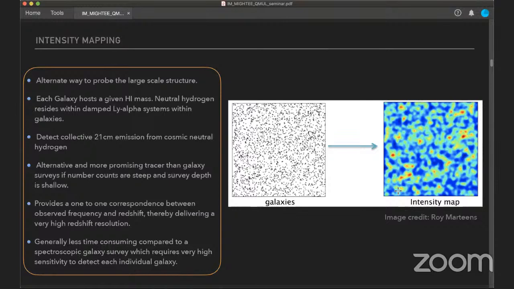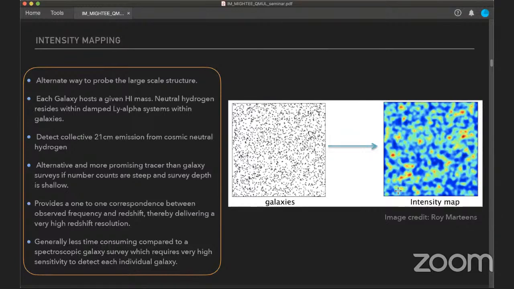So we can get very high redshift resolution from the frequency information, because the rest frame wavelength of the neutral hydrogen emission is 21 centimeters. But as we go to higher redshift, we see this line at lower and lower frequency. So each channel corresponds to a different cosmological distance, and therefore a different redshift.